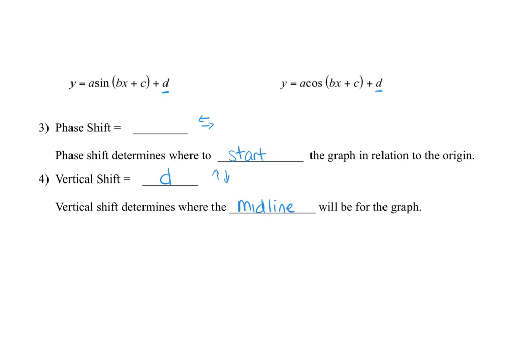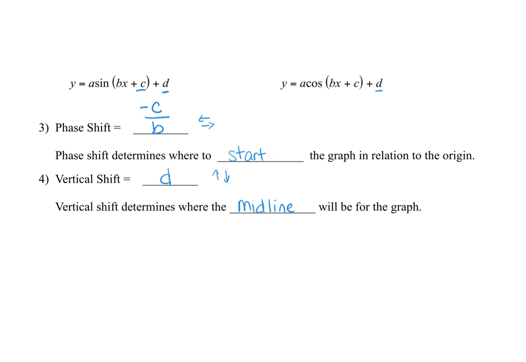This one's a little bit different. All right, so remember left and right shifting for other graphs is inside the function. So we are going to use the numbers inside the function, but it's always opposite of what you think. So we are going to use that C, but we're going to say negative C, and you have to divide that by B. And that will tell you what your shift looks like.